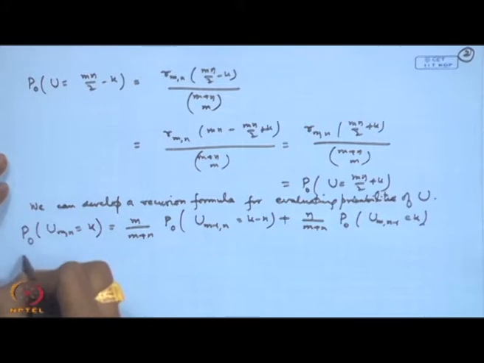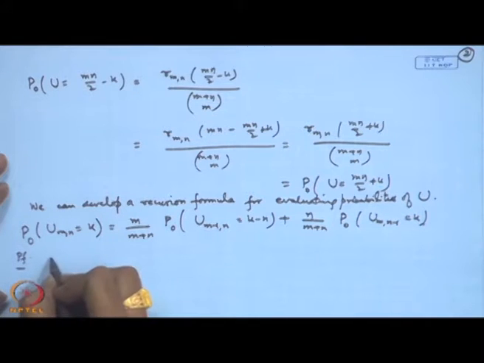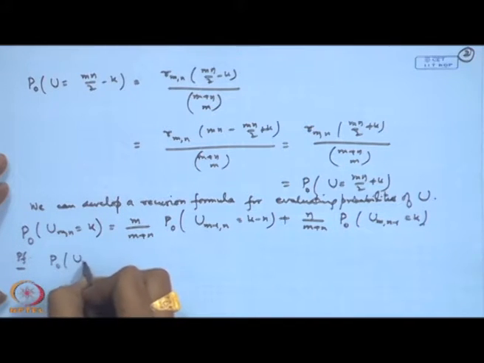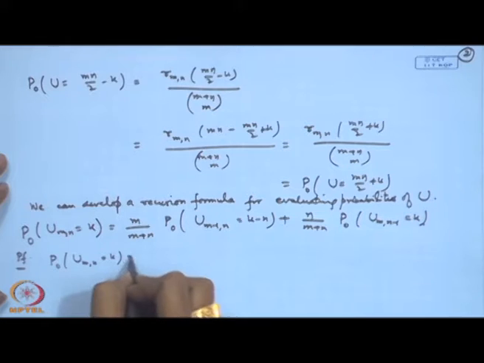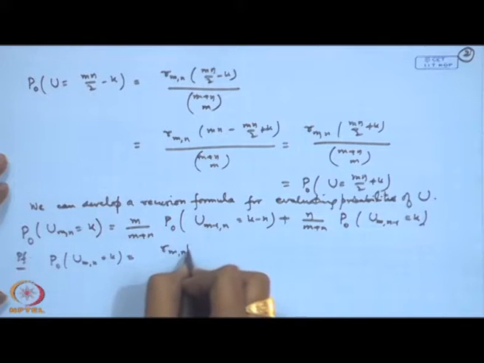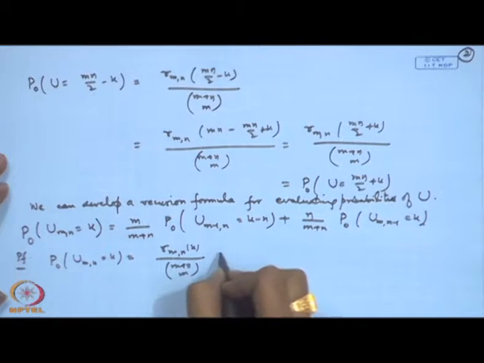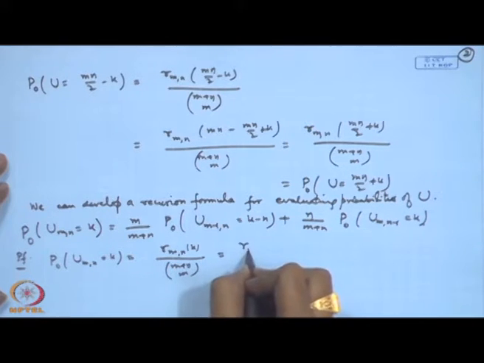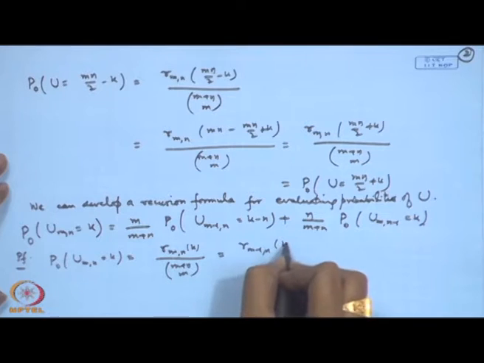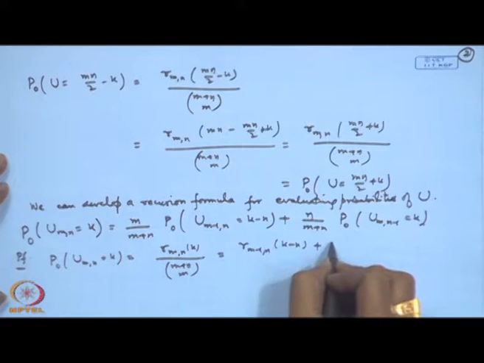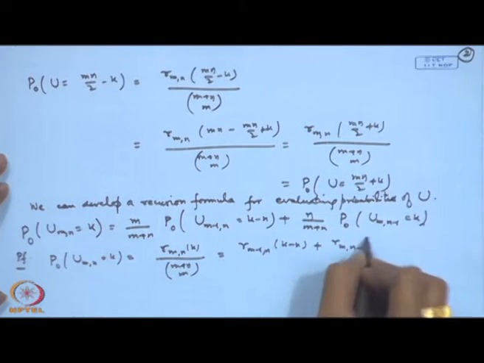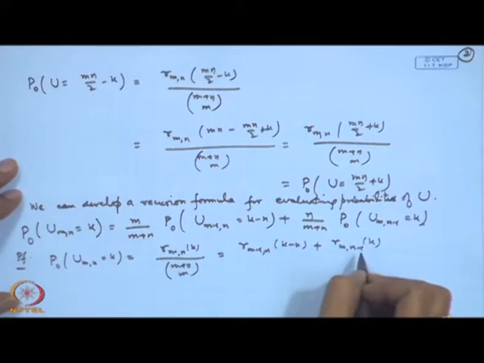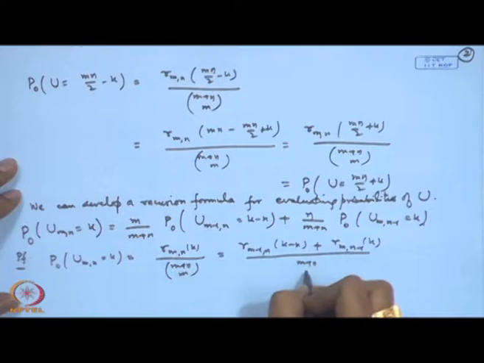Let us look at the proof. If I consider P_0(U = u; m, n), that is R_{m,n}(u) divided by (m+n choose m), that is, R_{m-1,n}(u - n) plus R_{m,n-1}(u), divided by (m+n choose m).